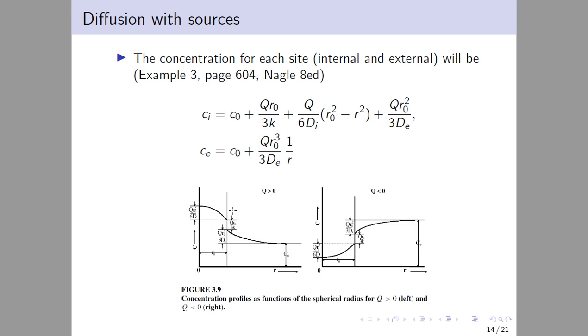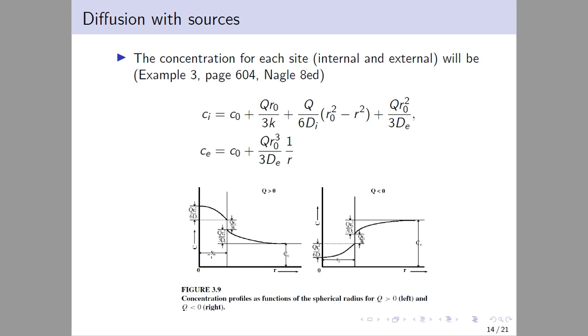For Q greater than 0, there will be pressure, let's say the source in A, so it will speed up the concentration.